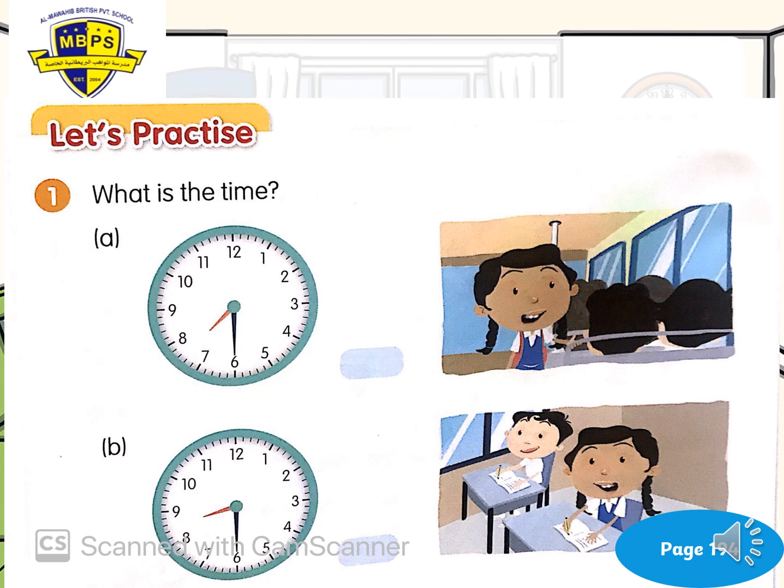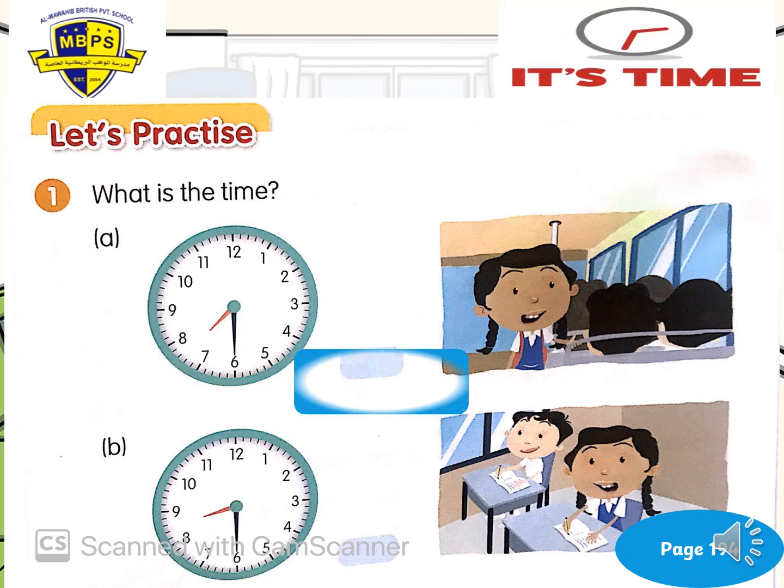And where do you see the long hand? It's on number 6. If the long hand points to 6, now we are going to say it's 7:30. So now, what is the time here? 7:30 what? I can hear you. Very good. It's 7:30 because it's between 7 and 8.